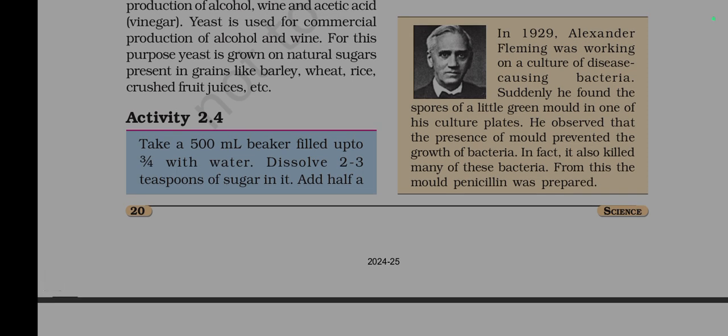In 1929, Alexander Fleming was working on a culture of disease causing bacteria. Suddenly, he found the spores of a little green mold in one of his culture plates. He observed that the presence of mold prevented the growth of bacteria. In fact, it also killed many of these bacteria. From this, penicillin was prepared from the mold.